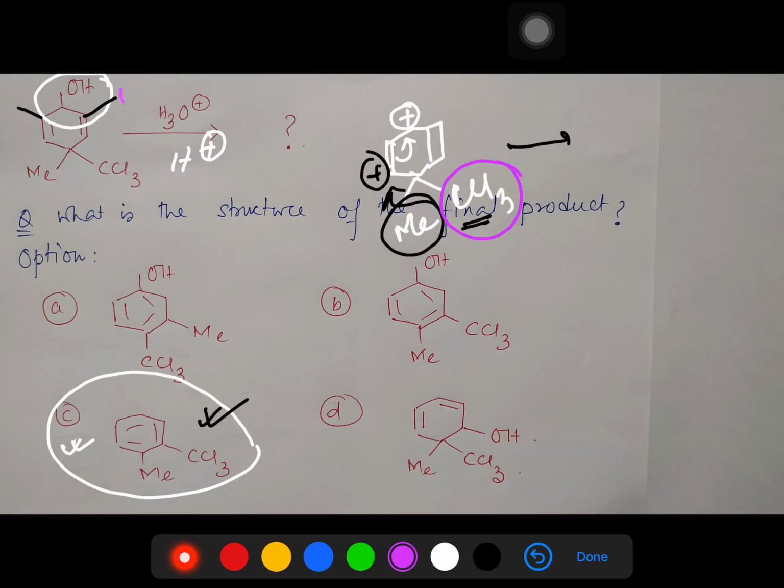For example, if you consider this case with methyl, then CCl3 migration or methyl migration will both result in a different product. So it is highly desirable that you learn the right logic. Sometimes we come to a right answer by following a wrong path, that is not expected.